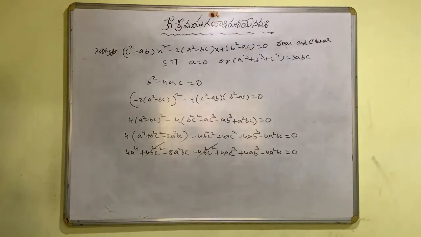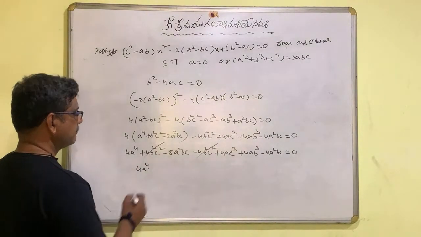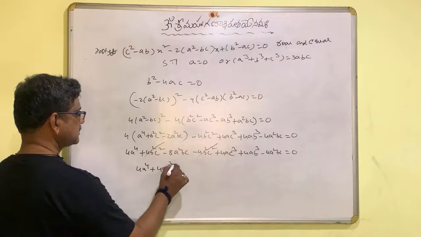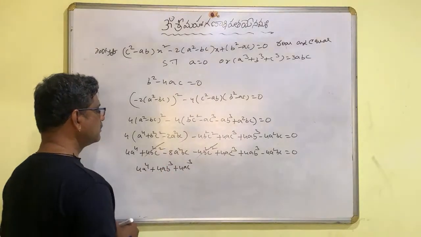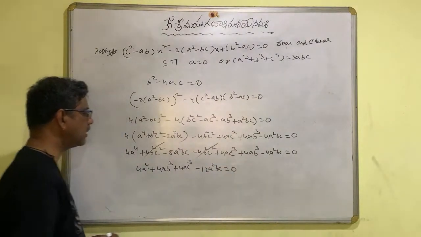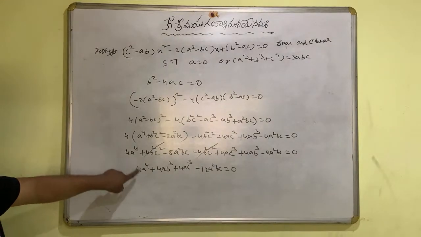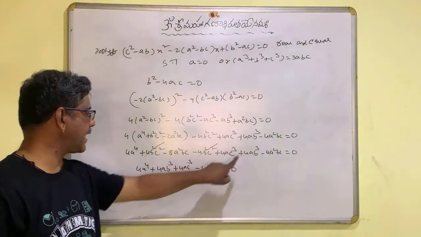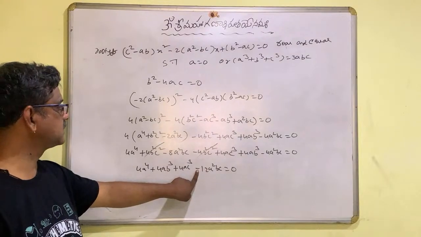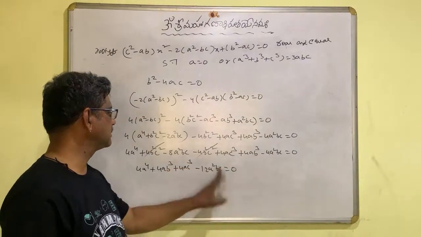And what is remaining? 4a power 4 plus 4ab cube plus 4ac cube minus 12a square bc is equal to 0.